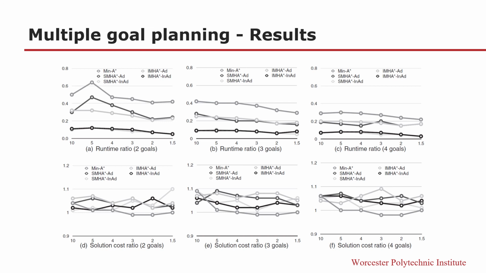Here, the results are shown as the ratio between the given algorithm and the corresponding sequence A star values based on the runtime for the convergence.